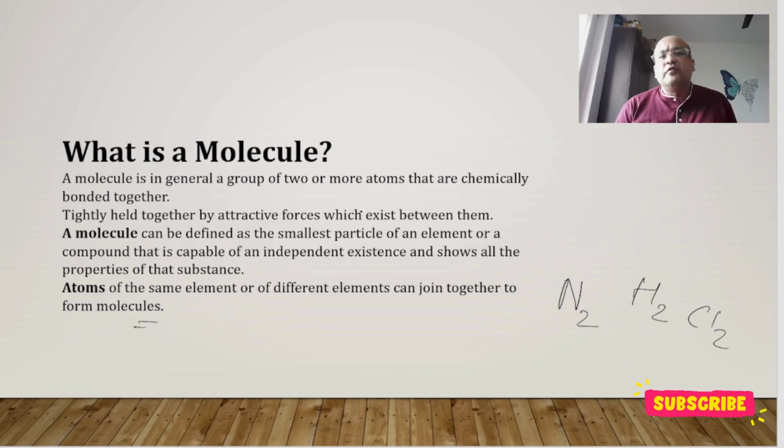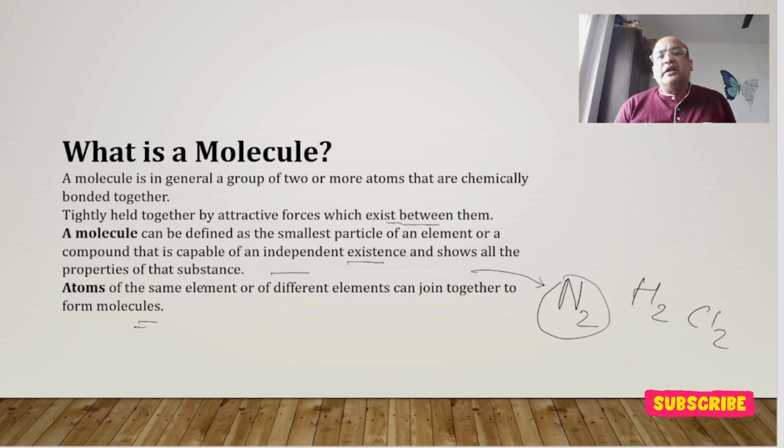There are attractive forces which exist between them. A molecule can be defined as the smallest particle of an element or a compound that is capable of independent existence and shows all the properties of the substance.